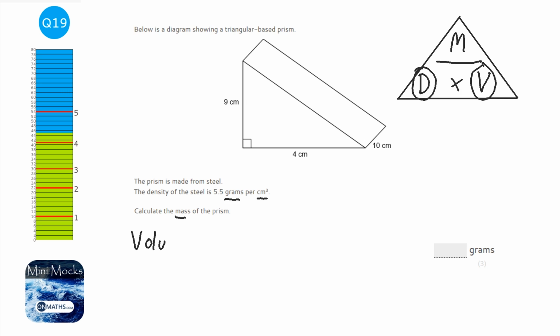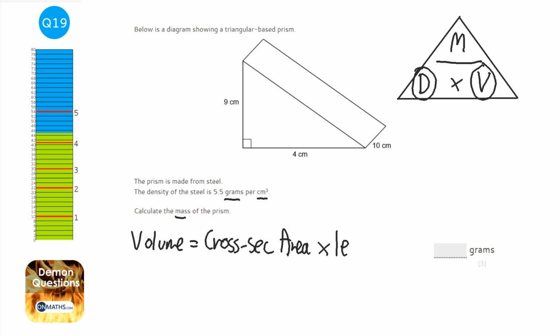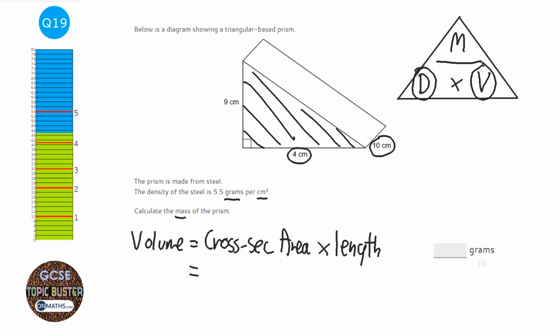To work out the volume of any prism, it's the cross-sectional area times the length. Some people call the length something else, but the length is basically how 3D the prism is. So the length is this one here, and the cross-sectional area is the area of this triangle here. We've got the base, which is 4, and the height, which is 9.